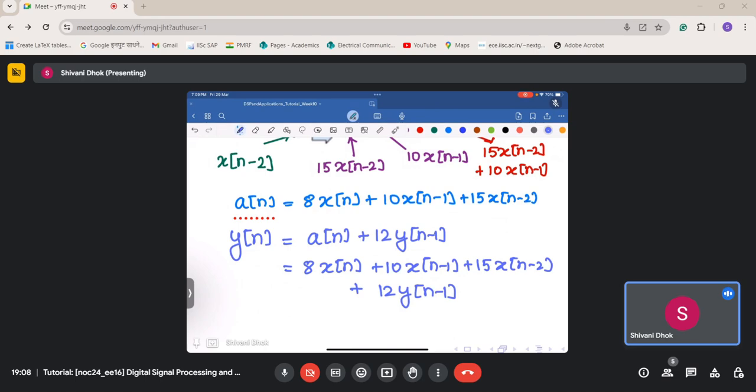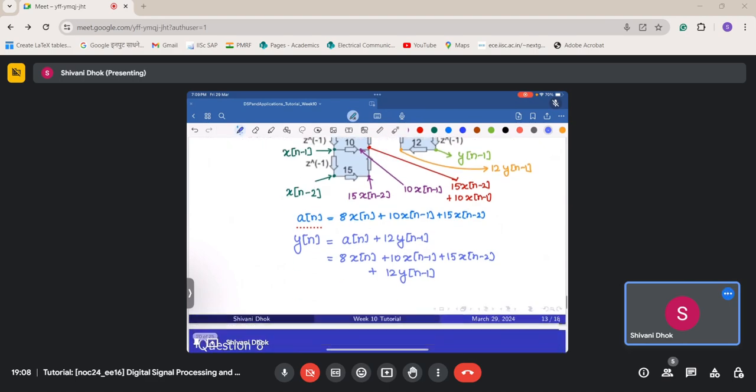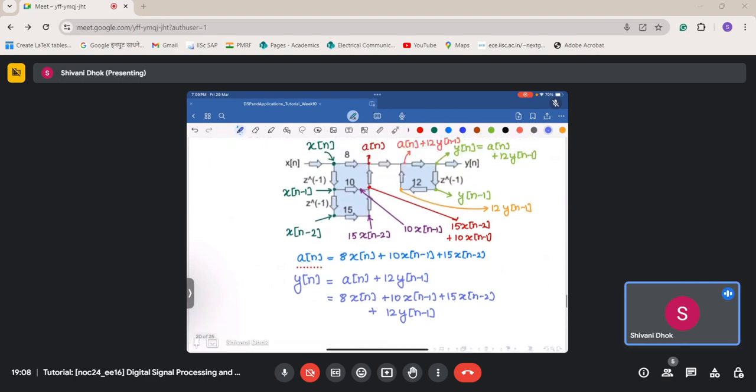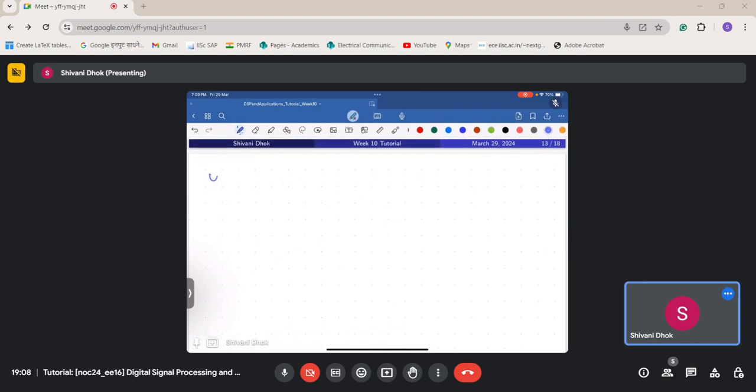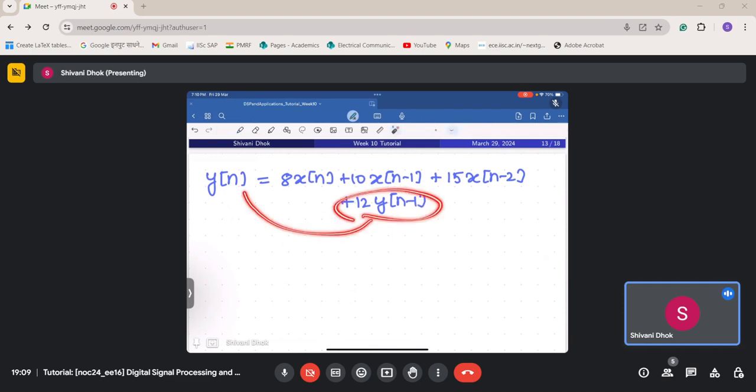Now what we will do is take all the terms corresponding to y of n to the left side, and keep all the terms corresponding to x of n on the right side. We had y of n as 8 times x of n plus 10 times x of n minus 1 plus 15 times x of n minus 2 plus 12 times y of n minus 1. Now we'll take this term to the left hand side.